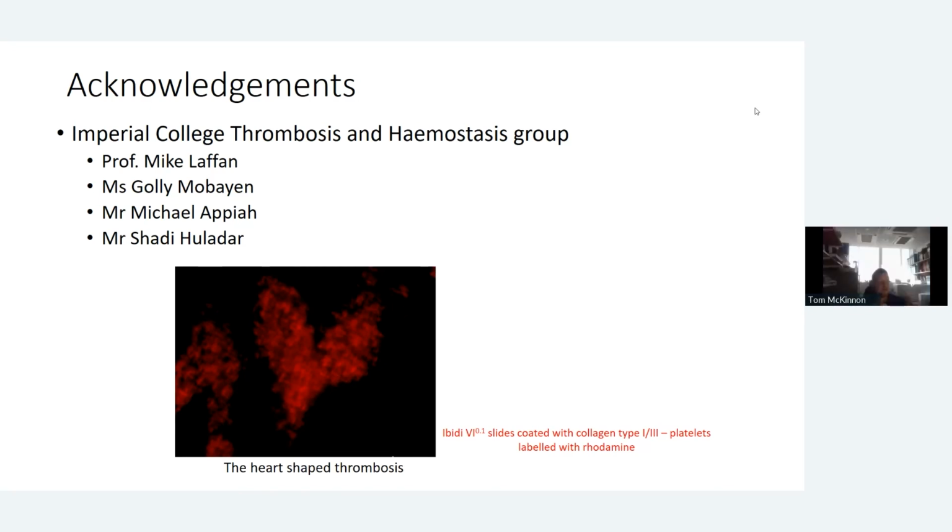That's a nice way of looking at it, actually. What has become apparent over the past year or so, some work from a chap called Renhao Li has highlighted that the platelet binding region in the A1 domain is shielded by a short peptide region, which has been termed the AIM module, the autoinhibitory module.